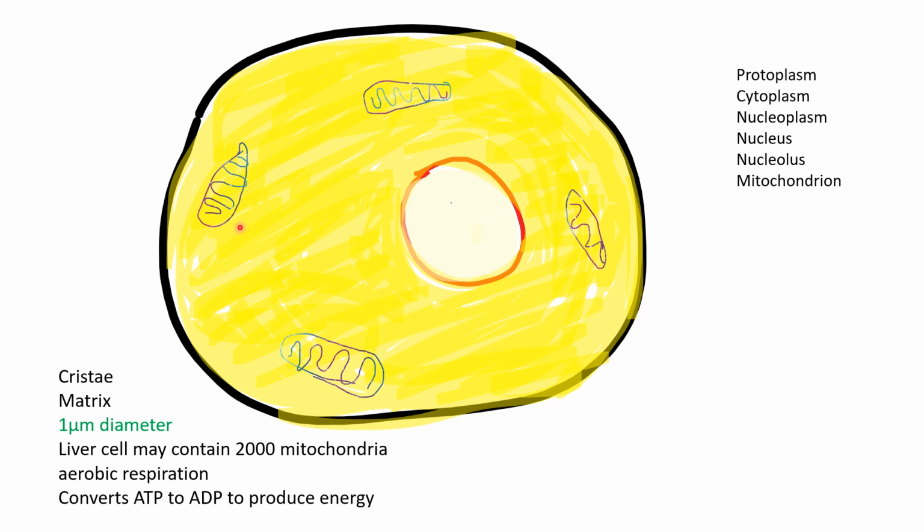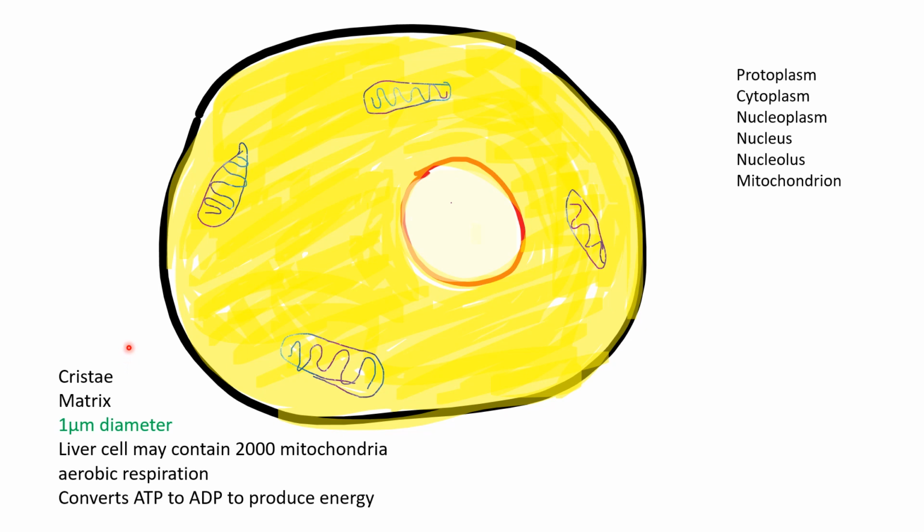The mitochondrion is an oval shaped structure, and it has two membranes. The inner membrane is folded inside the mitochondrion, and the folds are called cristae.